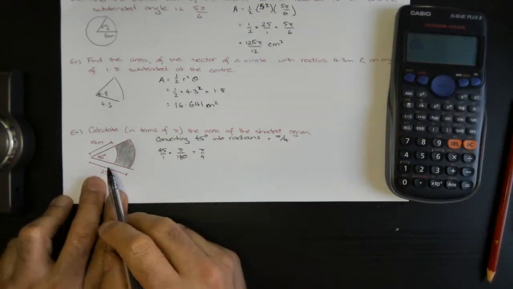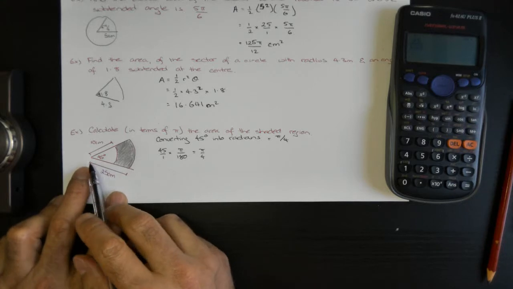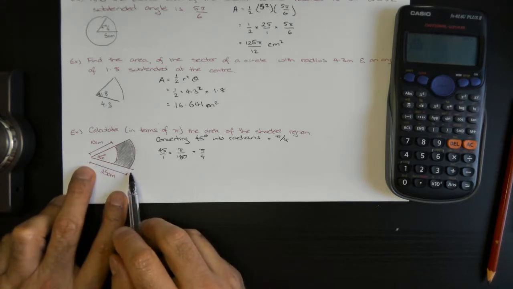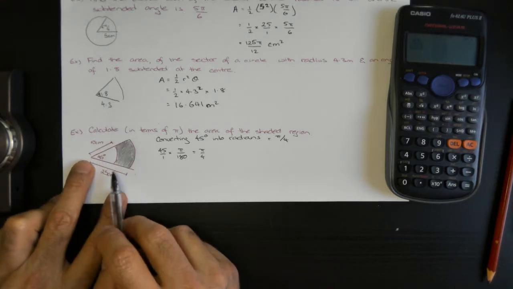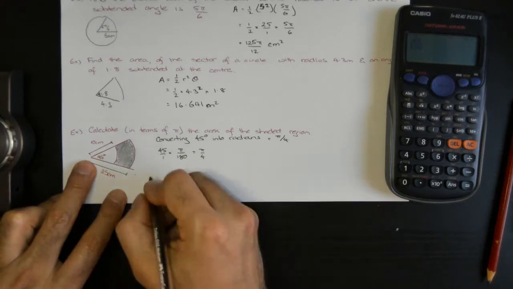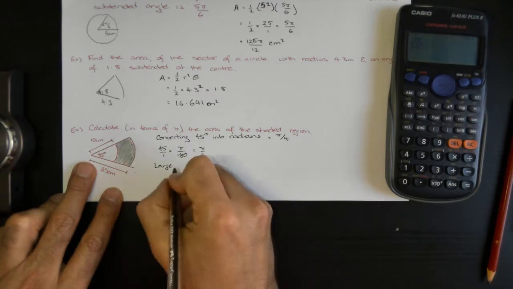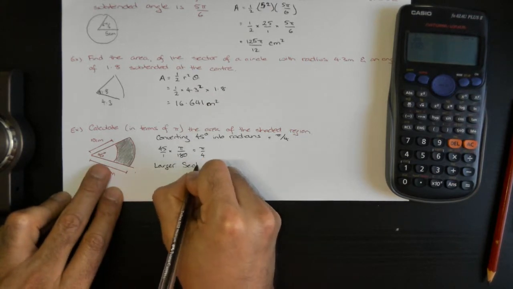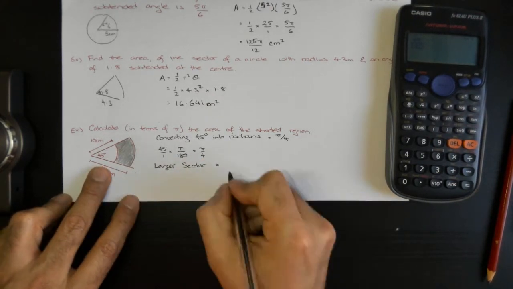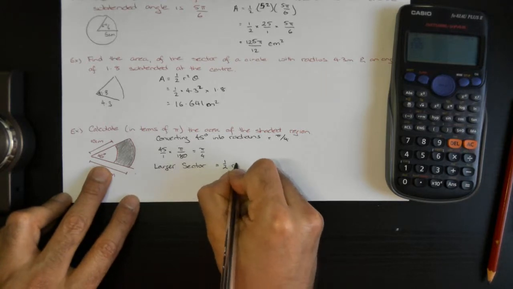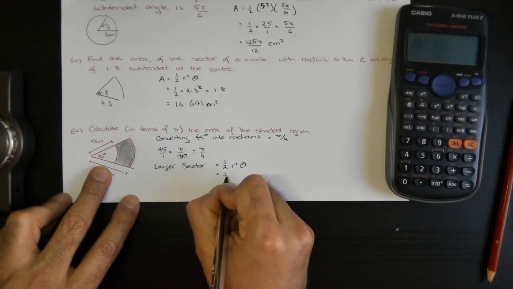Okay, so we're going to calculate the area of the larger sector, and then we're going to subtract the area of the smaller sector. So the larger sector is going to be a half r squared theta, and theta is in radians.